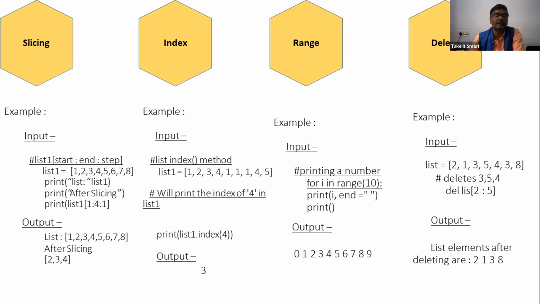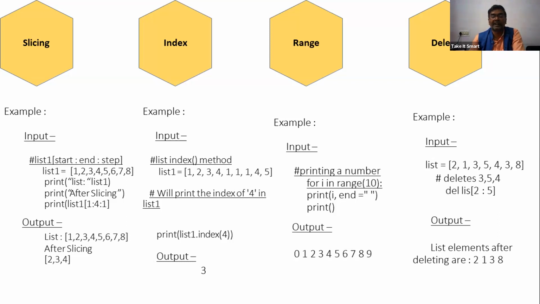If we want to get the index of this number, how can we get it? List 1, this is the list name, dot index, and the item whose index we want. We put 4, and it is on the 4th position, so the index will be 3. Why? Because index will start from 0. I hope it is clear, guys.